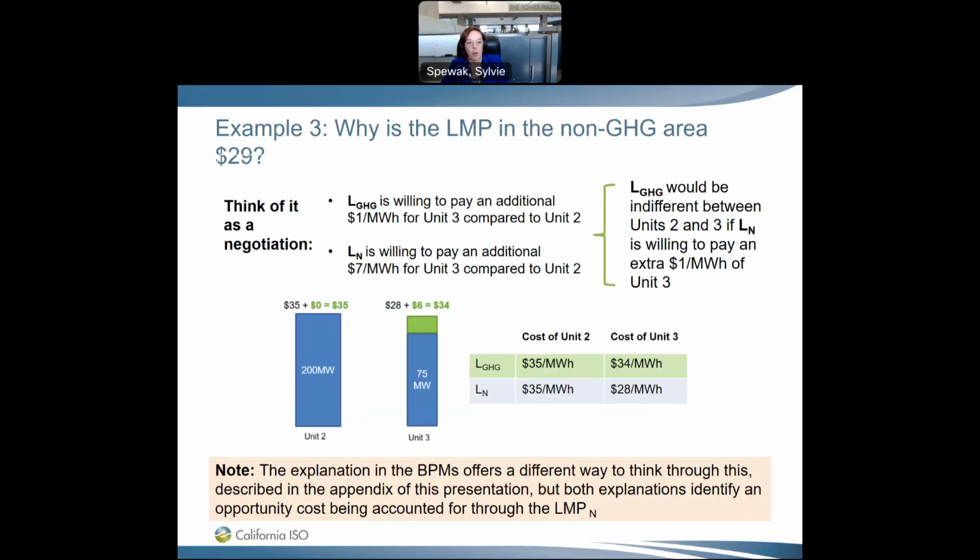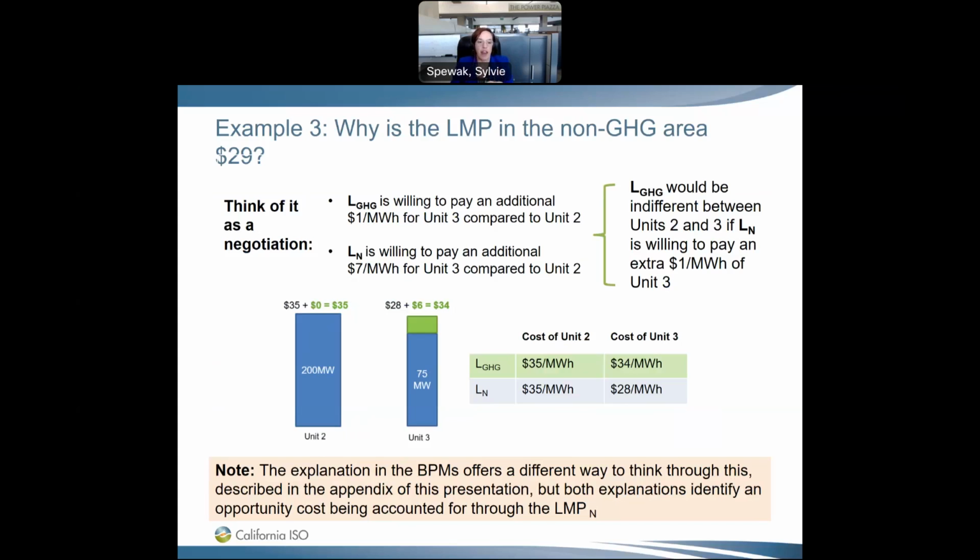So when we need to meet an additional megawatt of load from the non-GHG area, the question is, how do we resolve this solution? How do we dispatch up these resources? So do we take an additional megawatt from Unit 2, or do we take an additional megawatt of Unit 3?